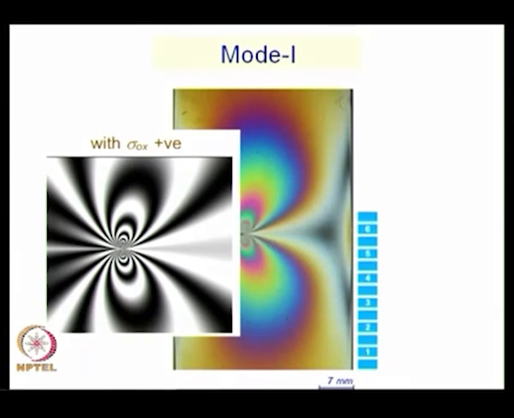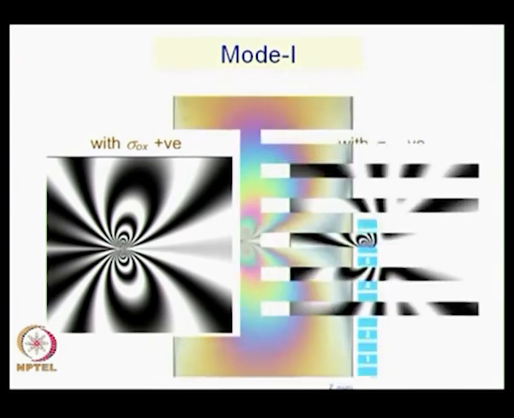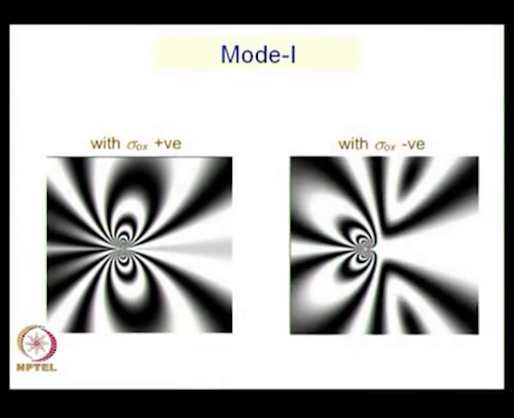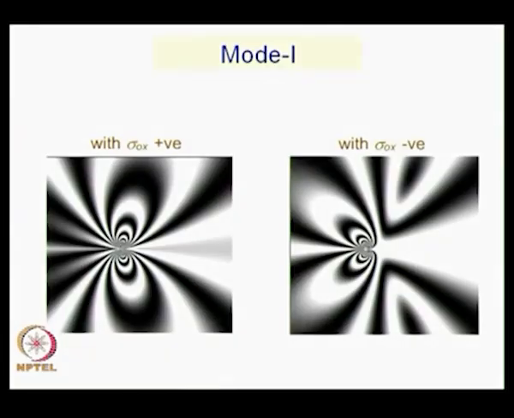Now, let me change the sign of sigma naught x. What do you find? Look at the fringes very closely. See, no other experimental technique is so sensitive; by just changing one sign of the term, the entire picture changes.